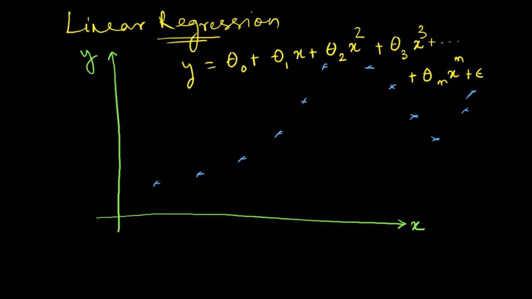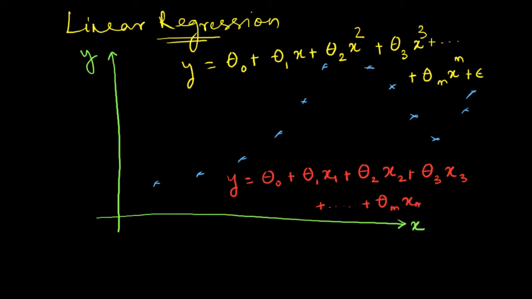So what you do is that you now write your y as theta 0 plus theta 1 x1 plus theta 2 x2 plus theta 3 x3 plus so on up to theta m xm plus some error.